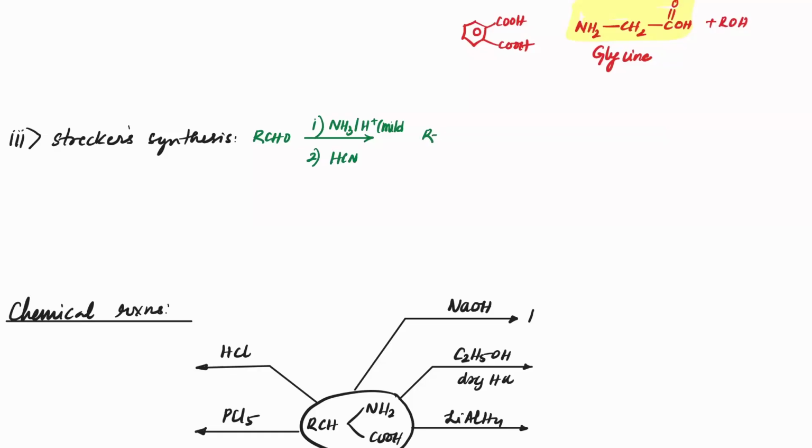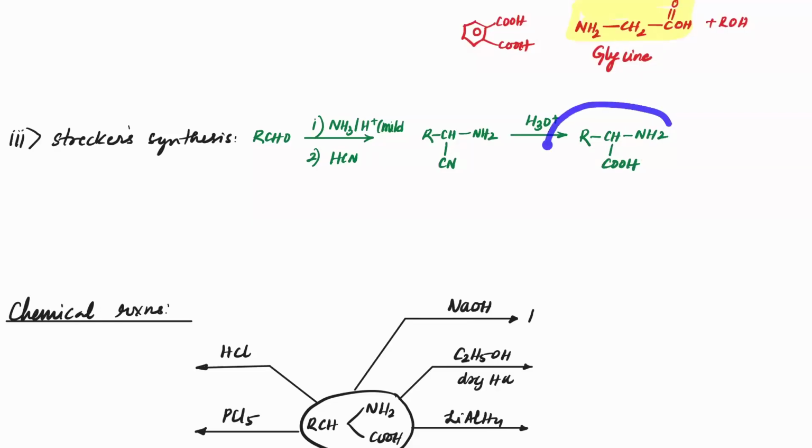First we'll get C double bond NH, and after that HCN addition will give you cyanide here, correct? Once you get this alpha amino cyanide, then on hydrolysis you'll get RCH NH2 here and COOH here.